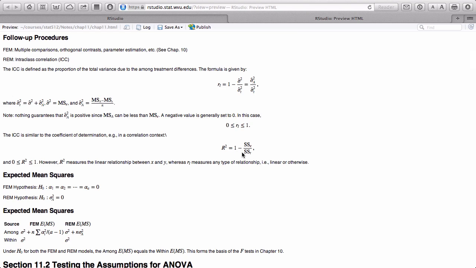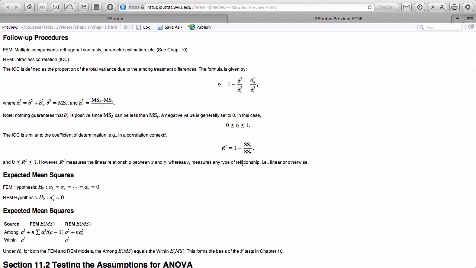Now, as I mentioned, the R squared is the way we did it in regression for the coefficient of determination, so it looks similar. But there's something to consider here. The coefficient of determination, or R squared, was a measure of the strength of the relationship, but only the positive relationship between x and y. Whereas in this case, we probably have nominal levels.